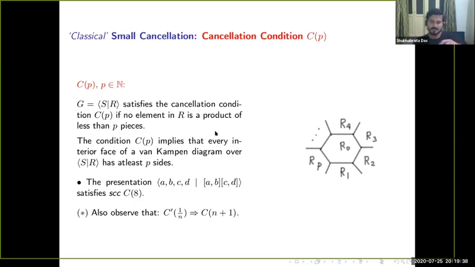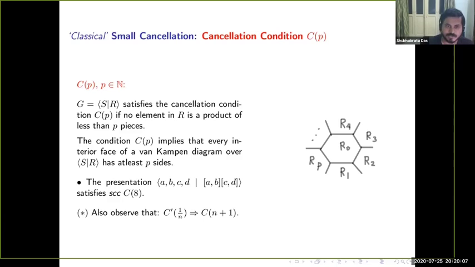That means there should be at least p segments on the cycle where other relators overlap with the given one.